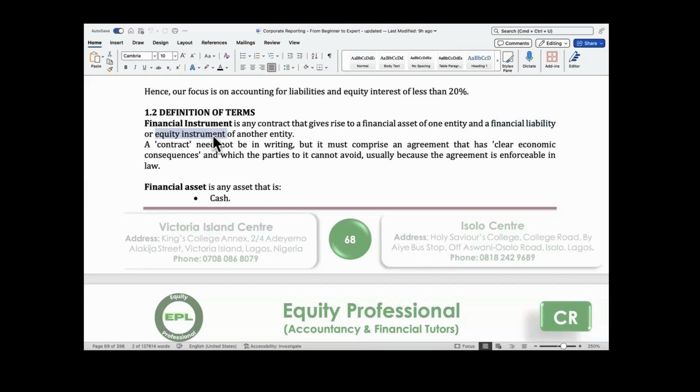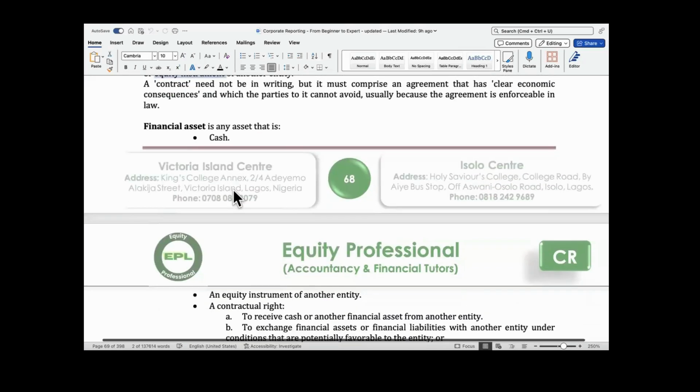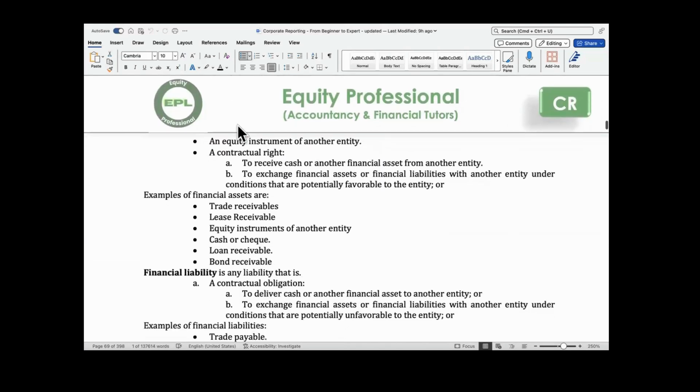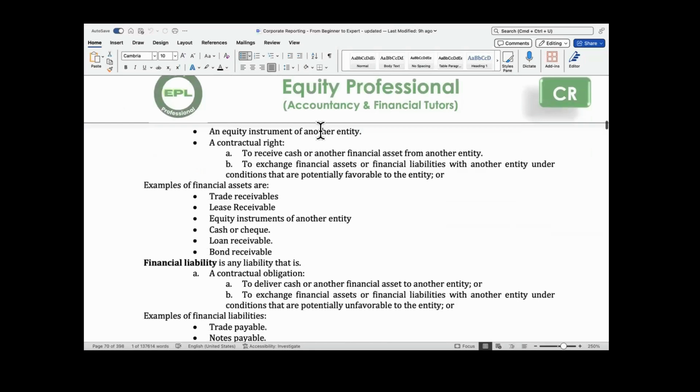Again, IAS 32 said that a financial asset is any asset that is cash, an equity instrument of another entity, or a contractual right to receive cash or another financial asset from another entity, or to exchange financial asset or financial liability with another entity under conditions that are potentially favorable to the entity.